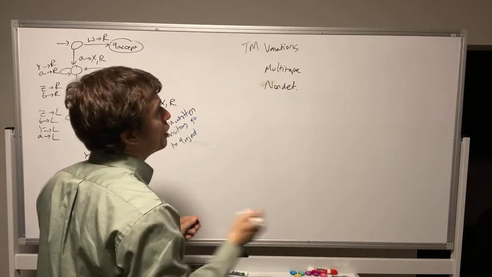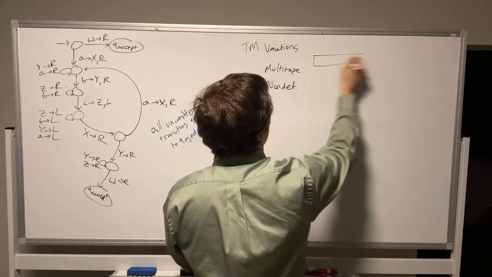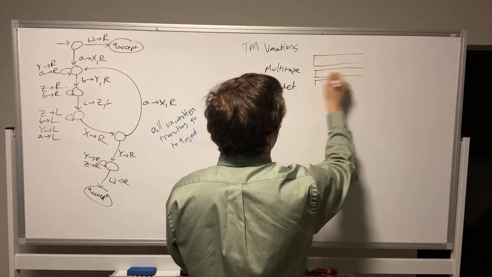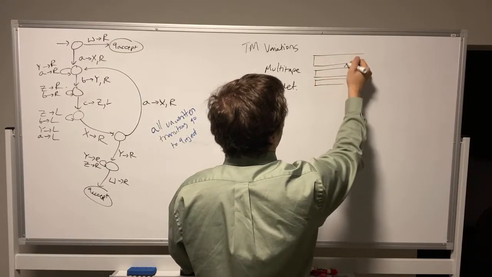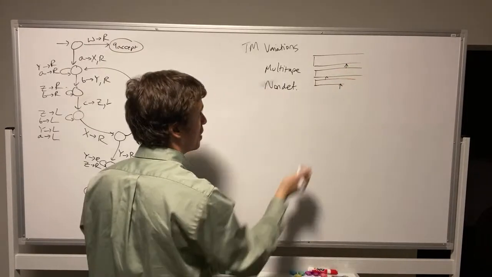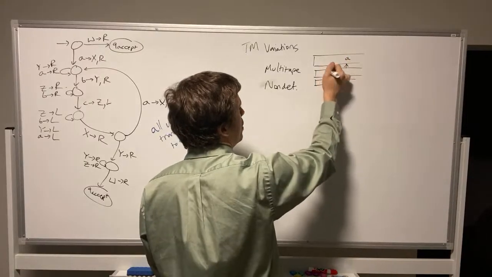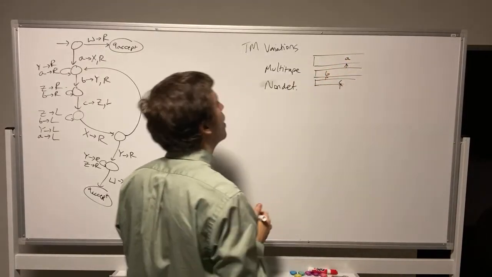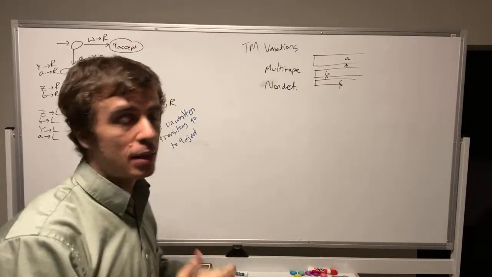So multitape is where you have multiple tapes, and there's an independent tape head on all of the tapes. So we can be looking at a different character on each potentially, and the tape heads move independently of each other.